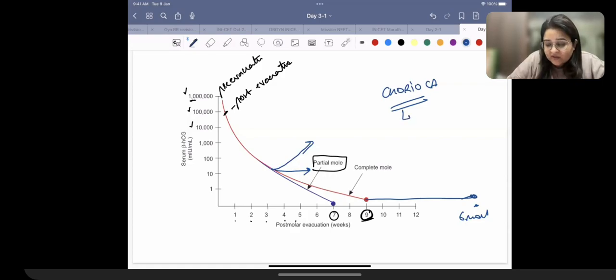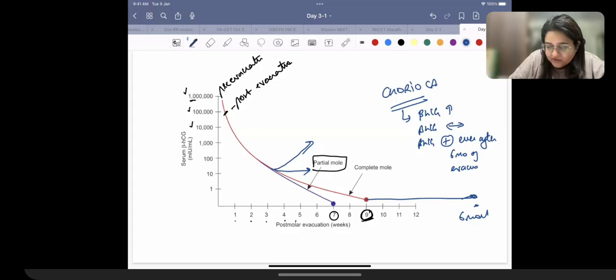Choriocarcinoma is diagnosed when either the beta HCG is rising, or the beta HCG has plateaued, or beta HCG is still present in the blood even after 6 months of evacuation.